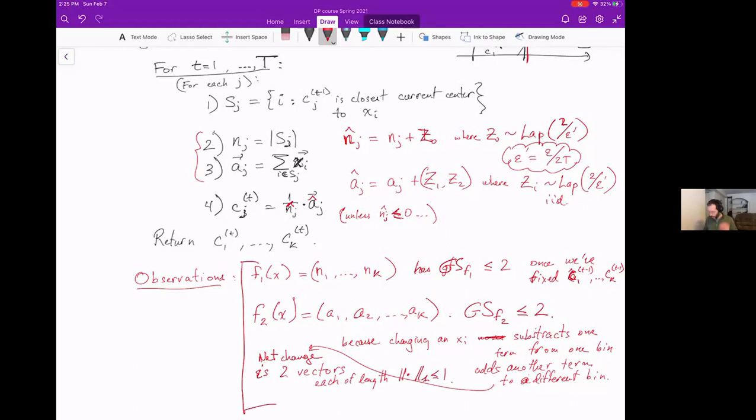That's a really important observation. The fact is that even once I fix the cluster centers, the computation I'm doing is actually very low sensitivity. And so what I can do is add noise to that step.